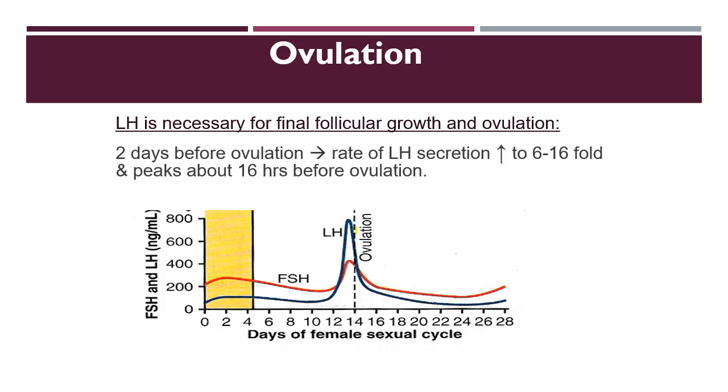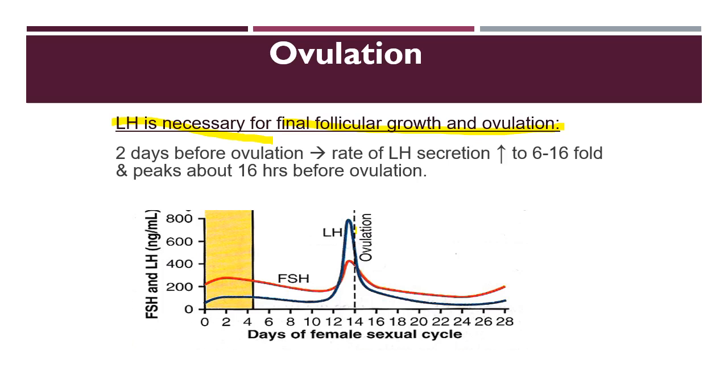For this event, luteinizing hormone is necessary, for the final follicular growth and ovulation. So failure of secreting luteinizing hormone, or absence of LH, will lead to failure of ovulation, even if growth of the follicle was going very well.